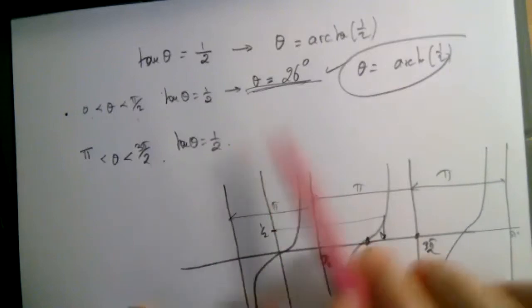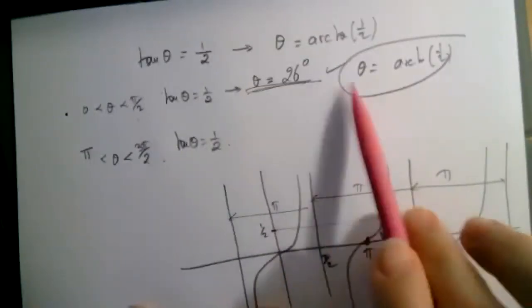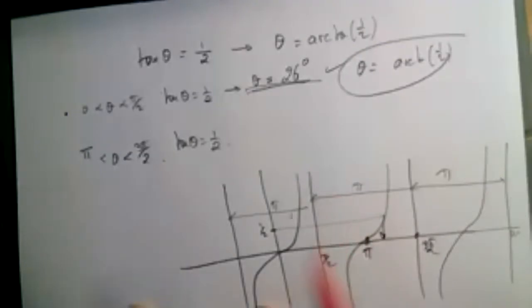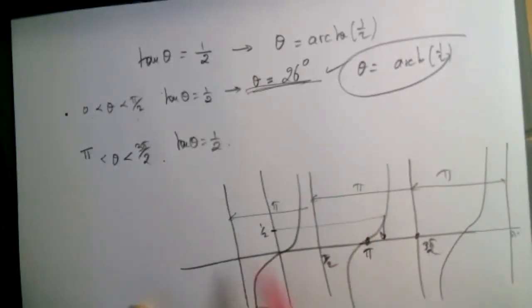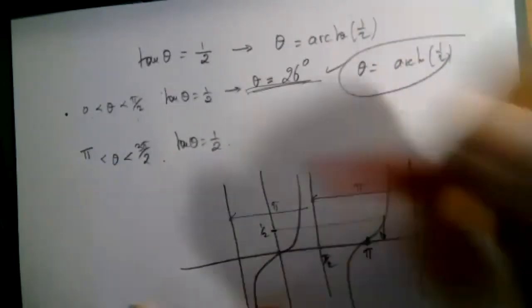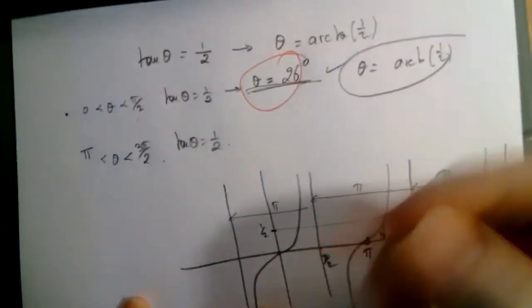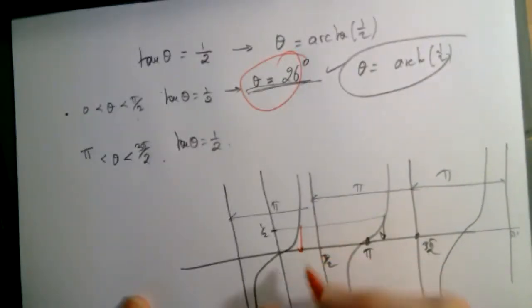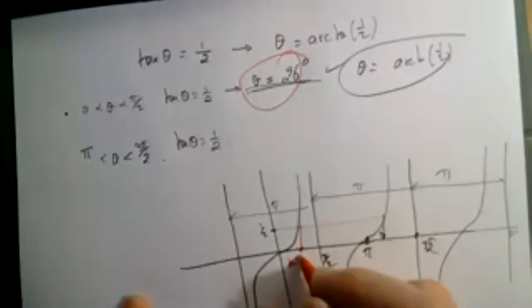Now, when you compute tangent inverse, the calculator doesn't give you every possible angle. It only gives you the angle between minus pi over 2 and pi over 2. This 26 degrees, which is 0.4 something in radians, is the one the calculator gives you.